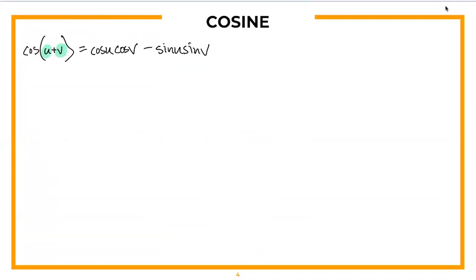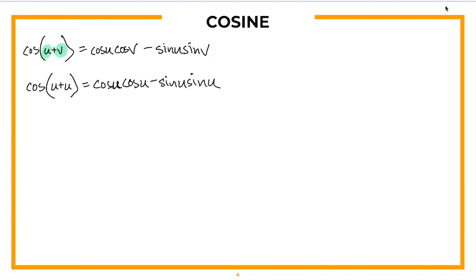And therefore we can say cosine of u plus u equals cosine u cosine u minus sine u sine u.